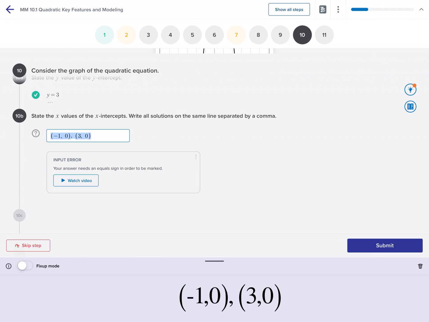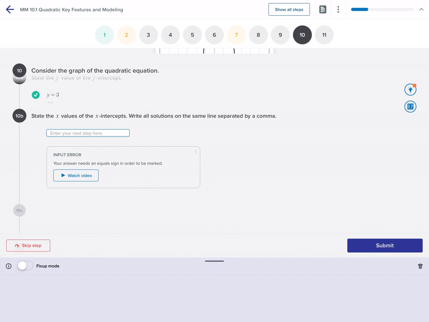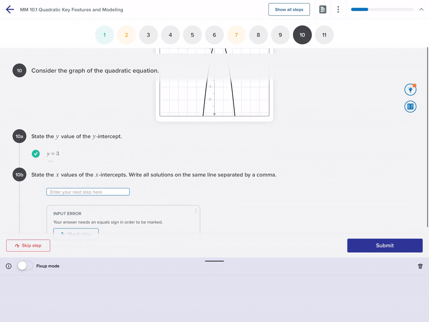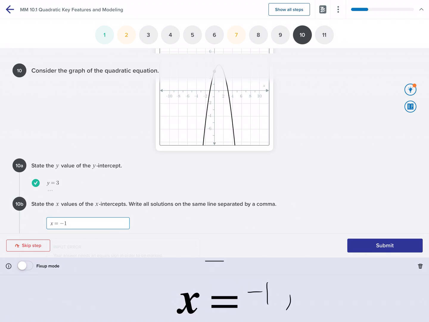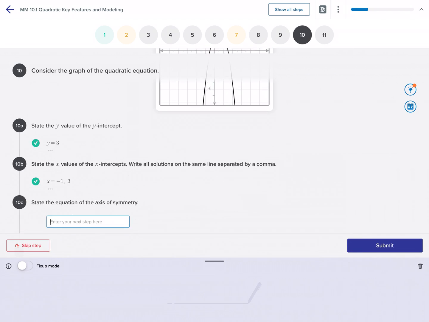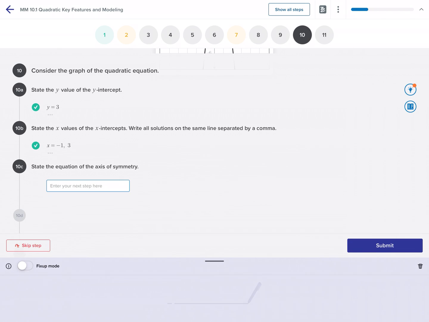Oh. So I think they just want the x values. My bad. So just erase that. We'll just do, what is it again? X is equal to -1, 3. So I think that's what they're asking for. So just make sure you read the instructions. If you get something like that, you won't lose points if you forget to write x equals or something like that.